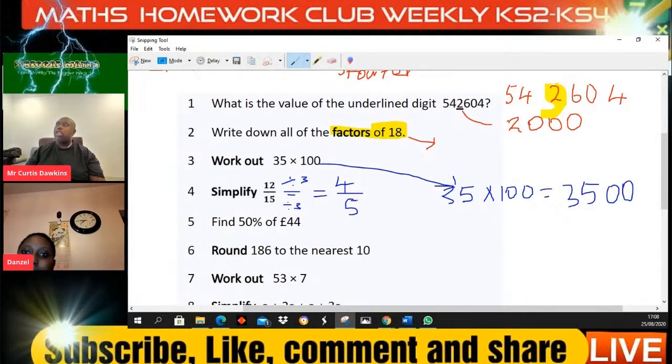Okay? Can you copy this in your book for me, please? Copy all of this. This is known as simplifying.